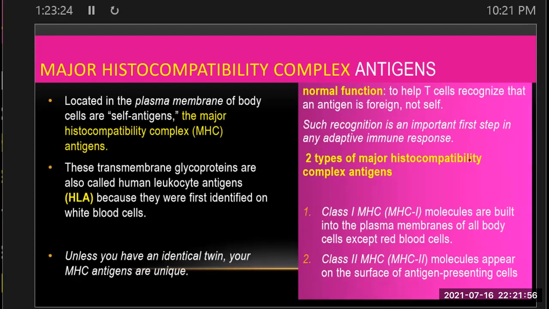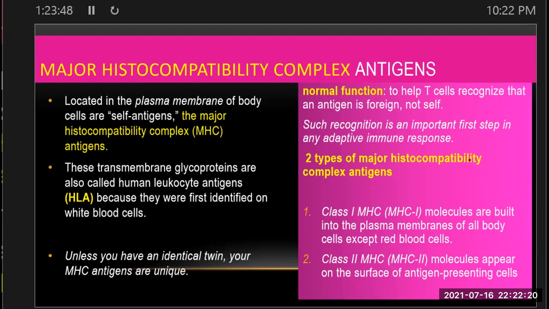Next, the normal function for the MHC antigens is to help the T cells recognize or tell that an antigen is foreign or non-self, okay? And such recognition is really essential as a first step in any adaptive immune response.